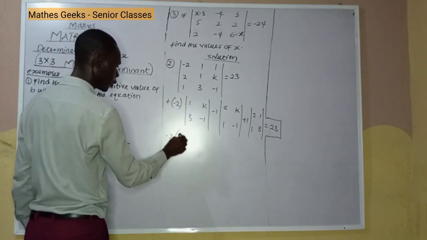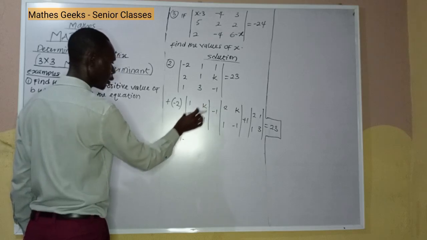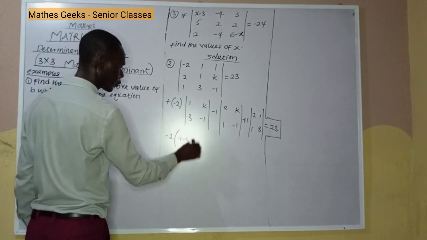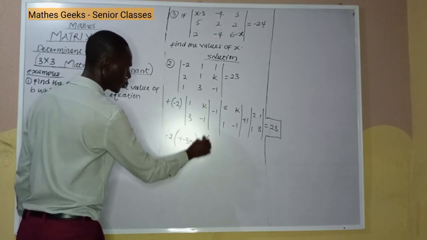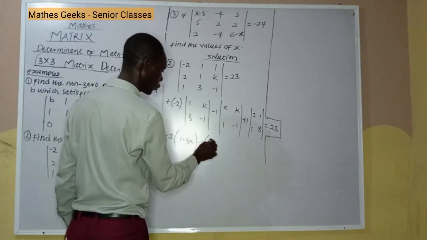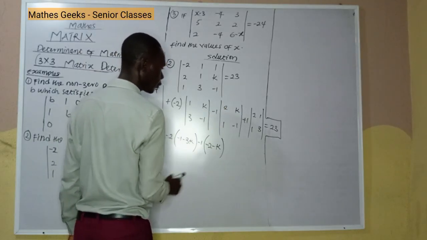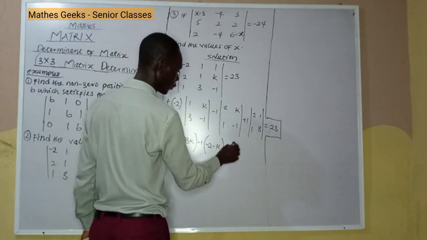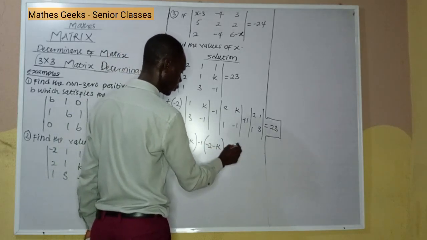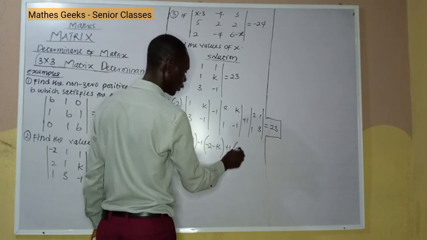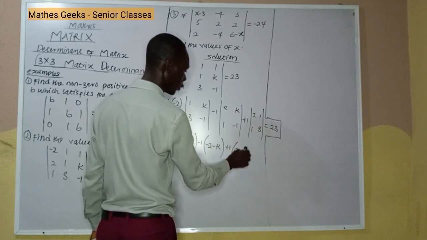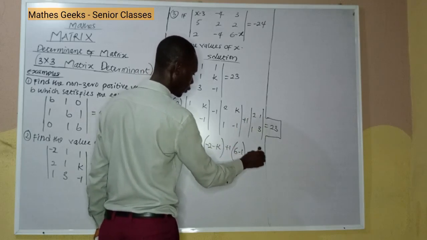So minus 2 times (1 times minus 1 is minus 1, minus 3 times k is minus 3k), which gives plus 2 plus 6k.